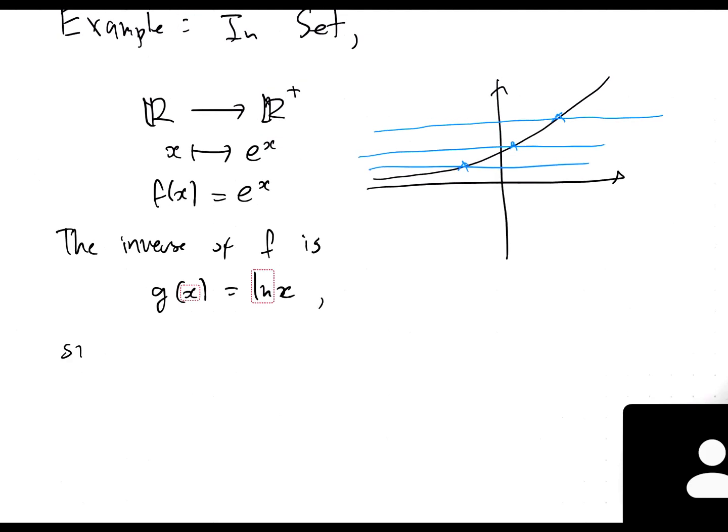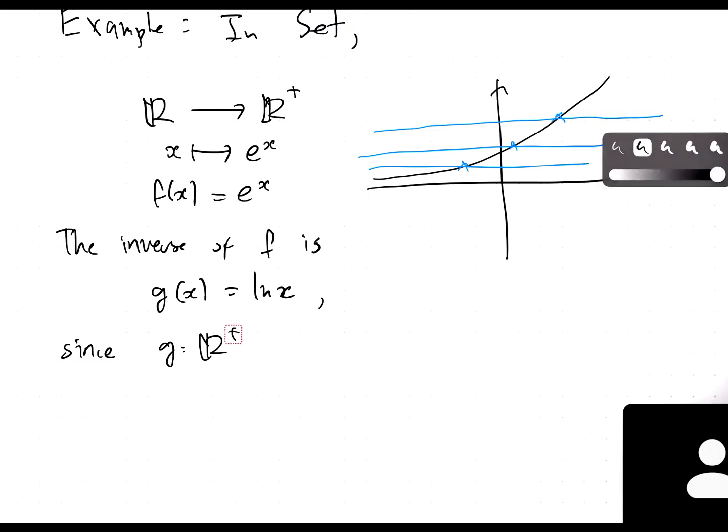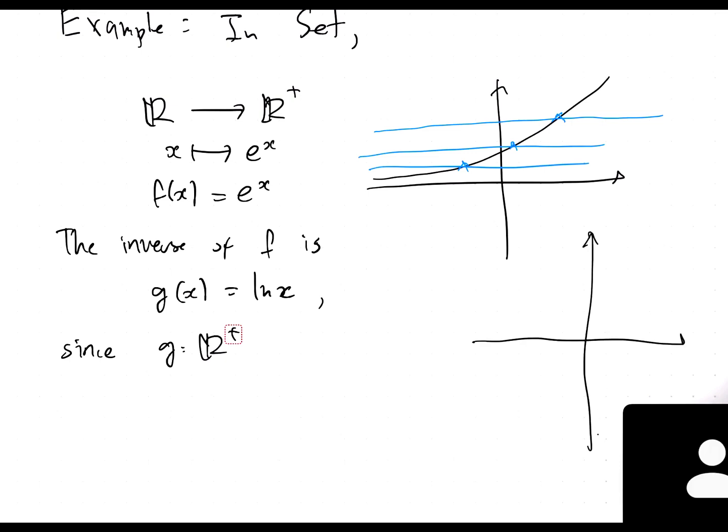And why is this so? Well, first of all, G is defined on all of R plus. And of course, graphically, this means that the graph is flipped.